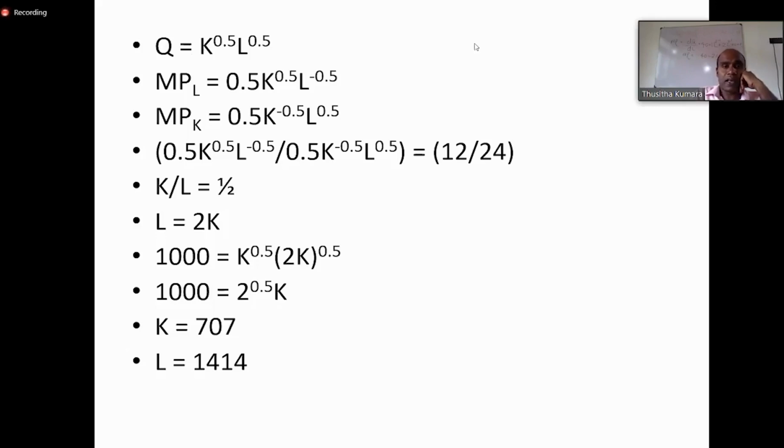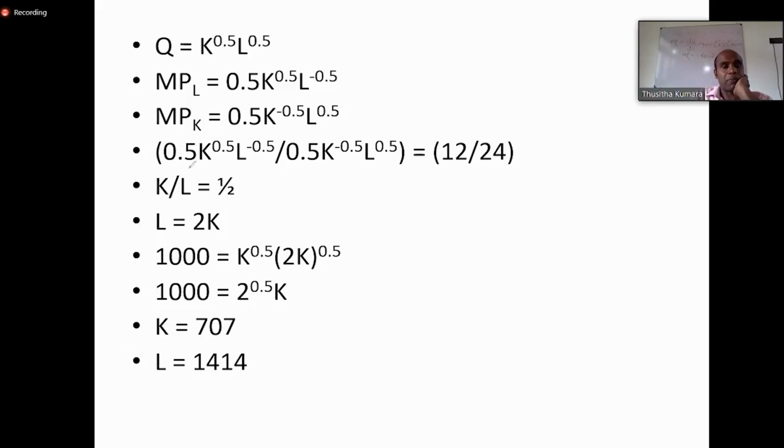If it is the case, we can get MPL, 0.5 K power 0.5, L power minus 0.5. MPK is 0.5 K power minus 0.5, L power 0.5. So now we have MPL and MPK, and then we can solve MRTS.